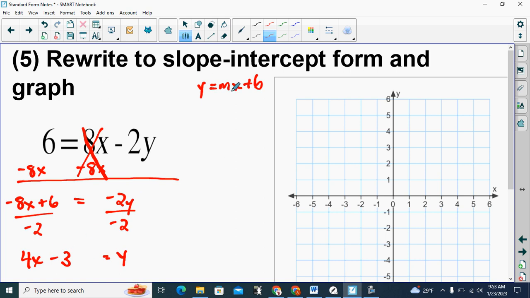We have changed it to slope-intercept form. And remember, slope-intercept form, we should hopefully be pretty good at graphing. Y-intercept is negative 3. Slope is positive 4. Up 4 over 1.